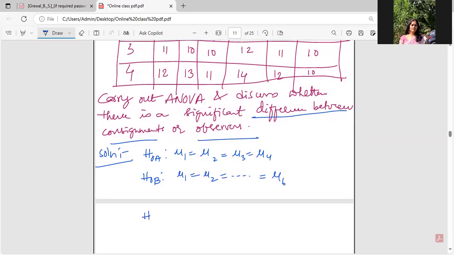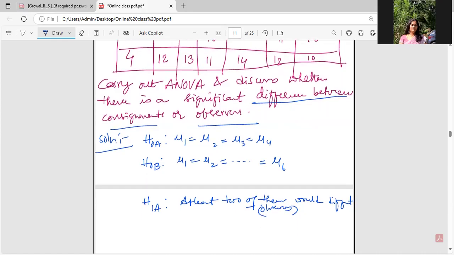Now, the alternate hypothesis is optional, but anyway, I'll write it. The alternate hypothesis H1A would be that at least two of the observers would differ.